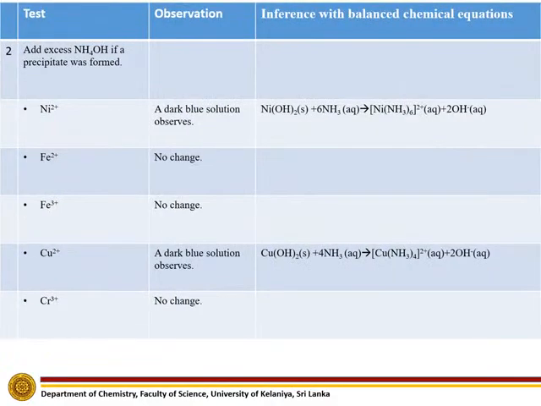When we add excess amount of ammonium hydroxide to the above formed precipitates, we can see only nickel 2+ and copper 2+ ions will give dark blue solutions. The reason for that is they can form their amine complexes with excess ammonium hydroxide.